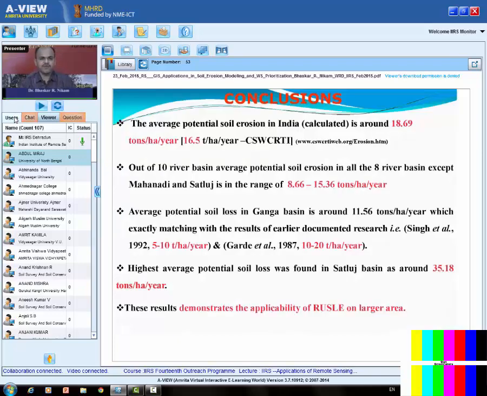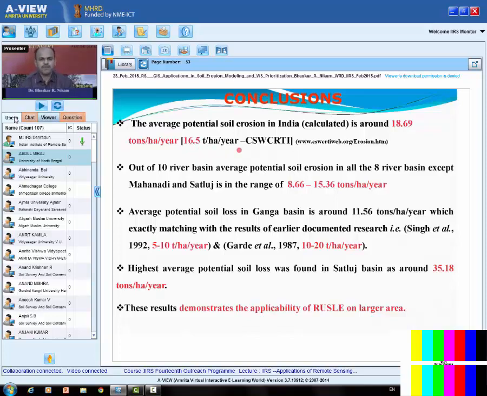Now we try to see our results, and we try to compare them with the information available in the literature. The average potential soil erosion in the entire country from our calculation was 18.69 or 18.66, whatever, tons per year per hectare, and the earlier reports given by CSWCRTI Dehradun suggest that the average annual soil loss from the country is 16.5 tons per year per hectare.